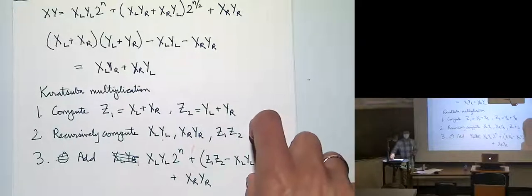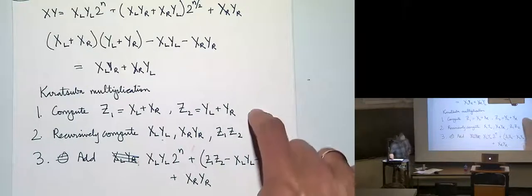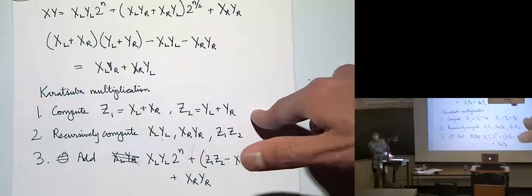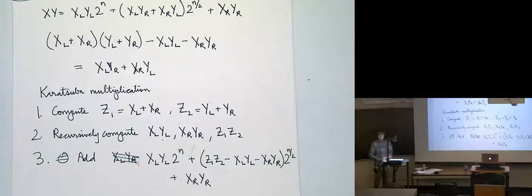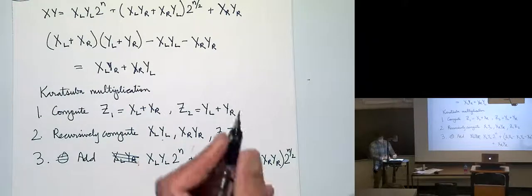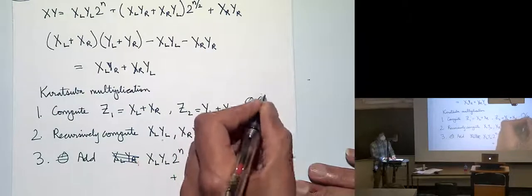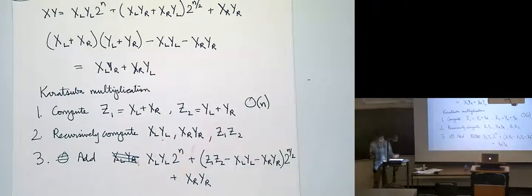This is the algorithm now. What is the runtime of the first step? First step? O of n, right? Just two additions. Second step.